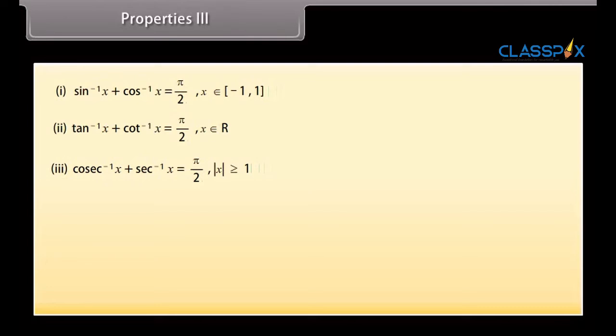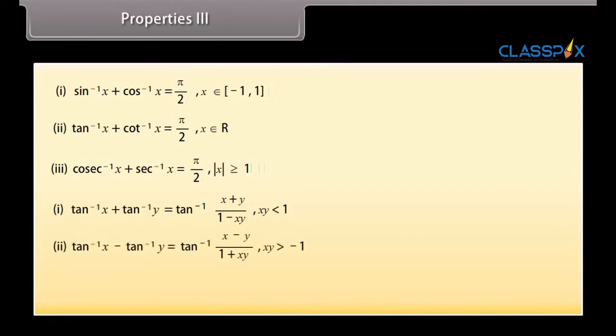Modulus of x is greater than or equal to 1. Tan inverse x plus tan inverse y is equal to tan inverse x plus y by 1 minus xy. Xy is less than 1. Tan inverse x minus tan inverse y is equal to tan inverse x minus y by 1 plus xy. Xy is greater than minus 1.